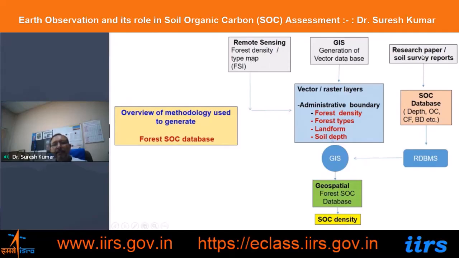In GIS, we have taken the forest density, forest type, land form, and from the soil map we have taken the soil depth map. We intersected them in GIS, and we estimated the soil carbon from soil samples in each depth, in each map unit, and we prepared the soil carbon density map.